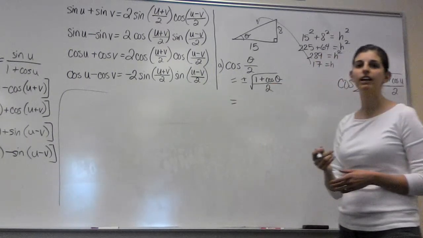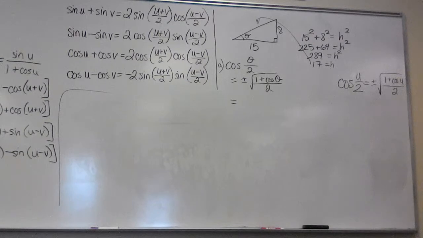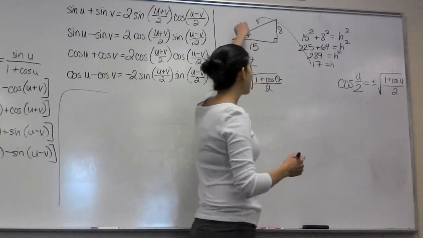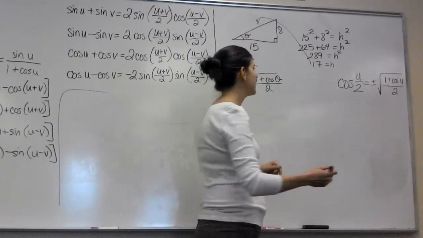And you might be going, that didn't do me a single bit of good. Now it's a more complicated formula to evaluate. Except that you can find the cosine of theta. You couldn't find the cosine of theta over 2 from the triangle, but you can find the cosine of theta with the triangle. What's the cosine of theta? Adjacent over hypotenuse, so 15 seventeenths.